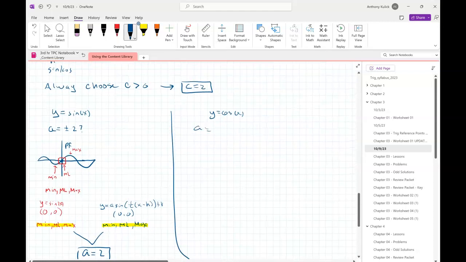So again, we're going to start the same way. Let's remind ourselves of how the cosine function looks.